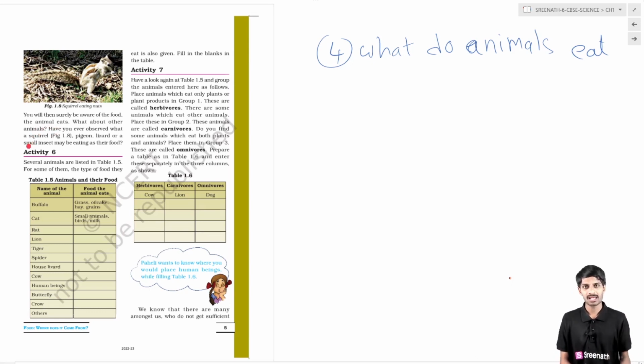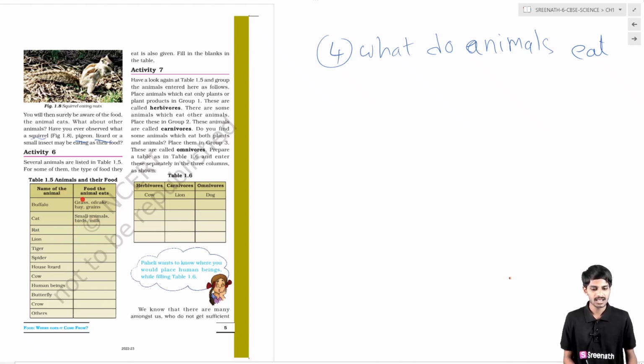But there are some animals, do you know their food? For example, what does a squirrel eat? What does a pigeon eat? What does a lizard eat? We may know or not, but here is an activity you have to do.